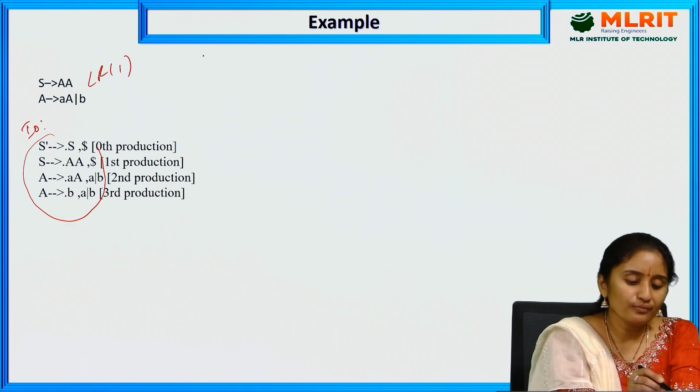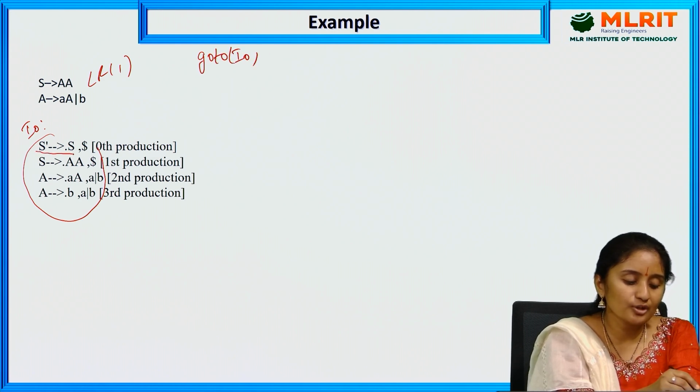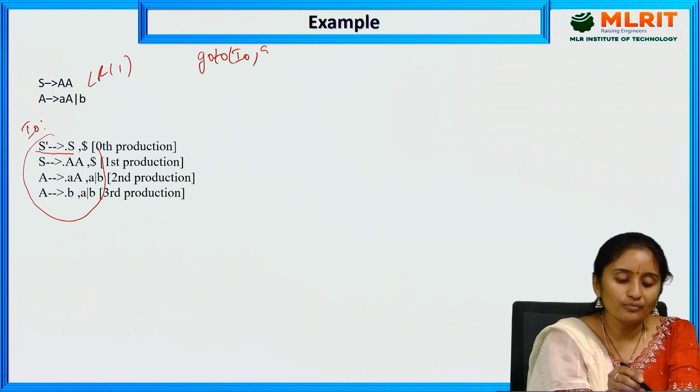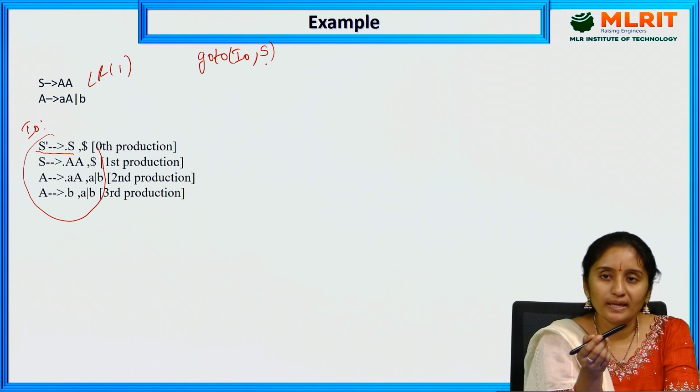Now we are going to find the goto function of I0. What is our first production? This is our first production. After the dot, what do I have? On that we are going to apply a goto function.